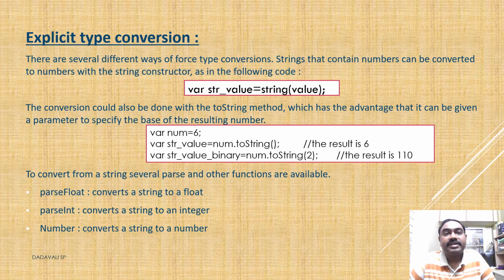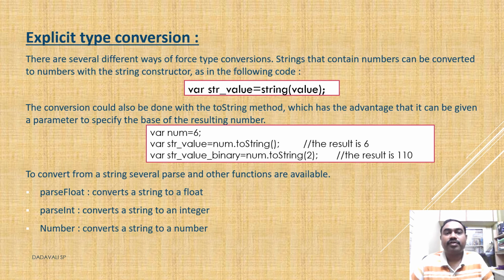So explicit type conversions: you can convert explicitly from one data type to another data type. There are several different ways to force type conversion. A string that contains a number can be converted into a number with a string constructor.